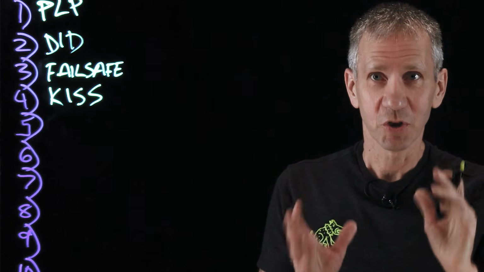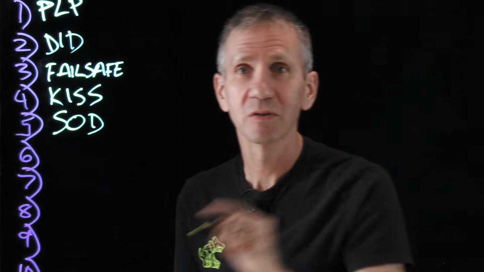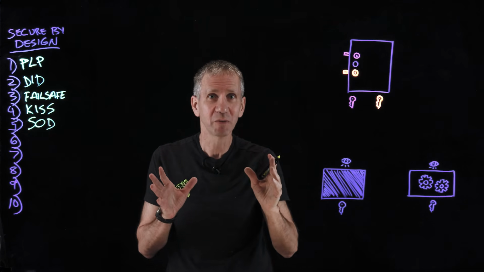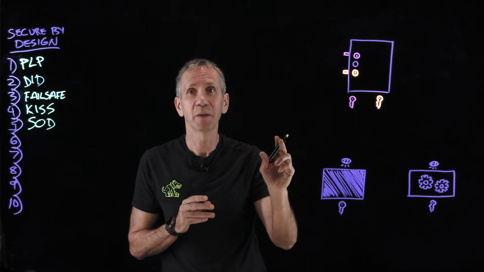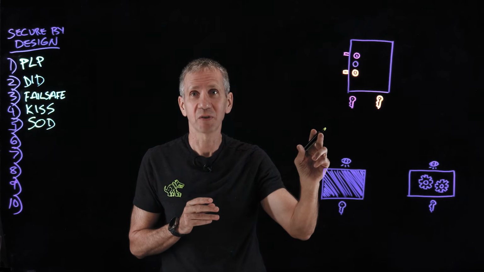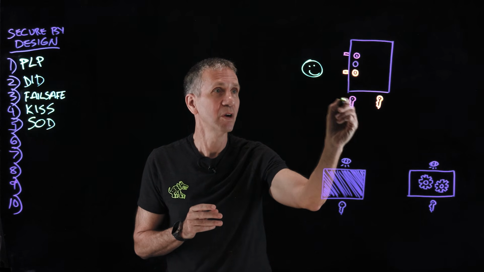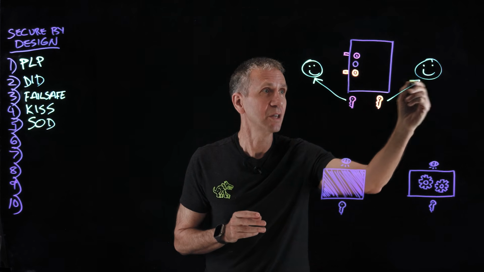Our next secure by design principle is the principle of separation of duties, sometimes called segregation of duties, but it's the same idea. So with separation of duties, I'll give you an illustration of this. Imagine a door with 2 deadbolt locks, each with a different key. And I'm going to give one user one of these keys and the other user the other key.